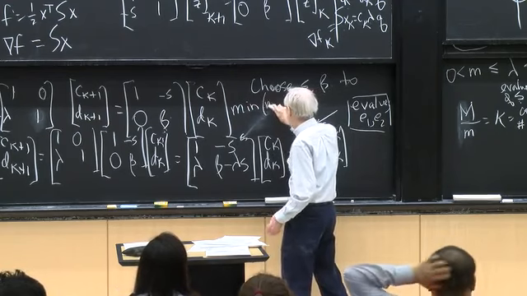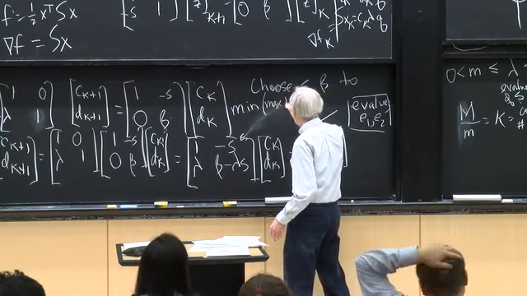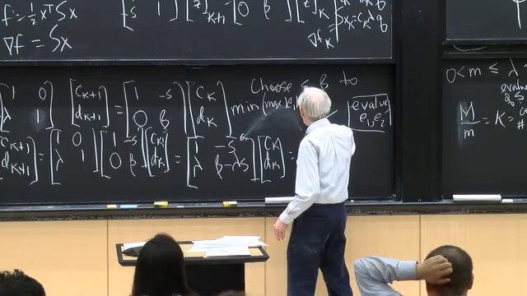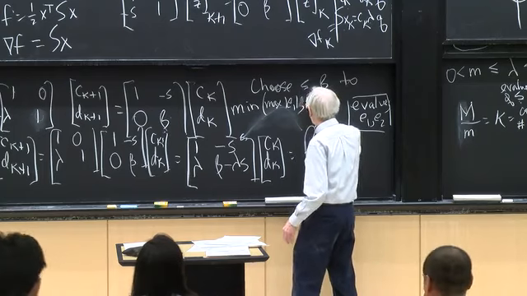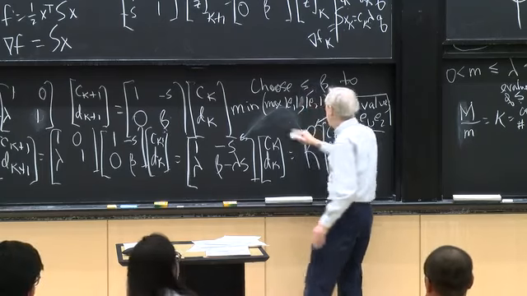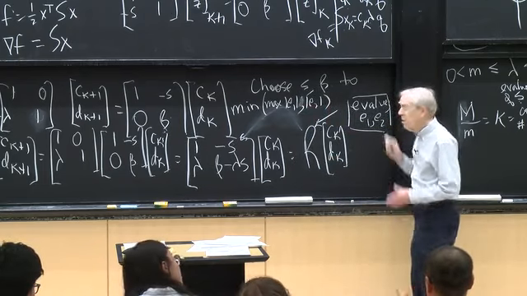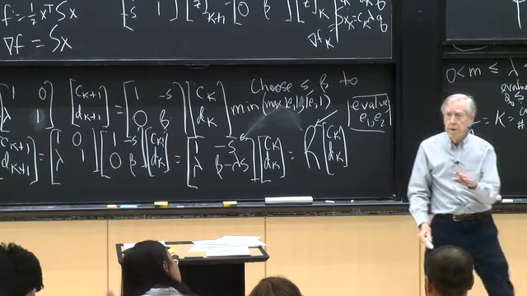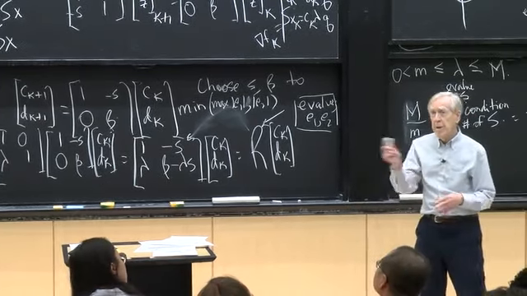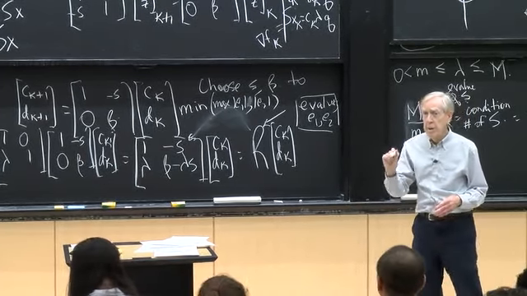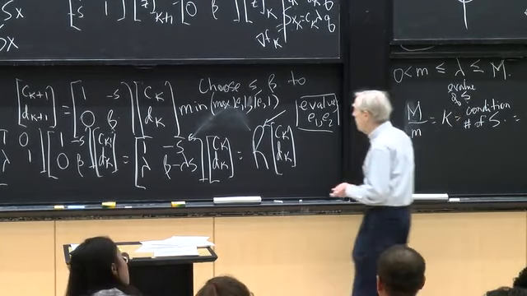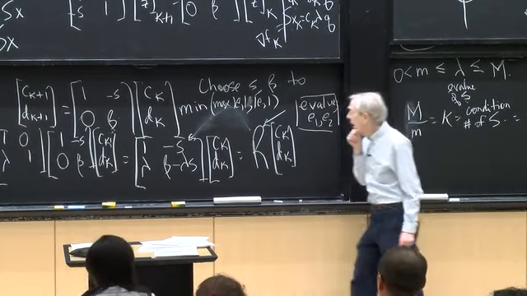So I'll say the maximum of E1 and E2. That's our job. We want to choose s and beta to minimize the largest eigenvalue. Because if there's one small eigenvalue but the other's big, then the other one is going to kill us. So we have to get both eigenvalues down.